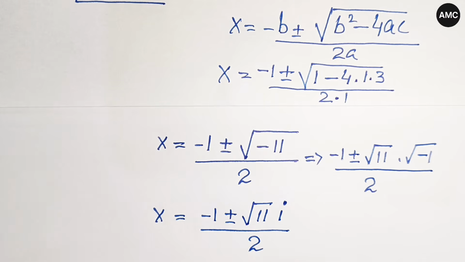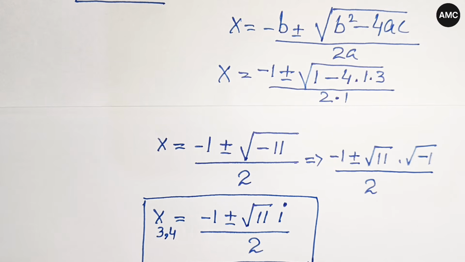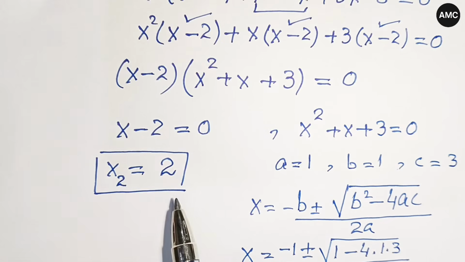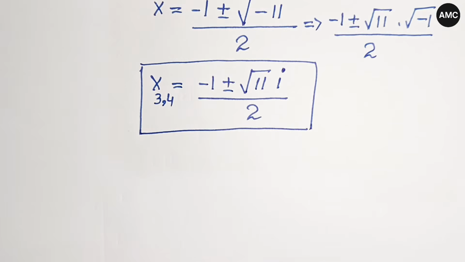So here we have two solutions, that is x3 and x4. So we get 4 solutions here. Our first value is x1 is equal to minus 1, x2 is equal to 2, and here we have two complex solutions, that is x3 and x4.